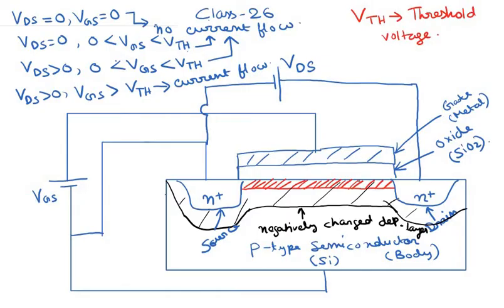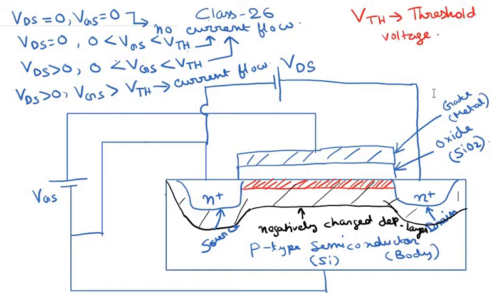So the number of electrons present in this channel would increase, and the conductivity of the channel will increase. So when VGS is greater than the threshold voltage, the drain to source current would increase with increasing VGS, because more electrons would be induced in the channel, and the conductance of the channel would increase when we increase VGS beyond the threshold voltage.